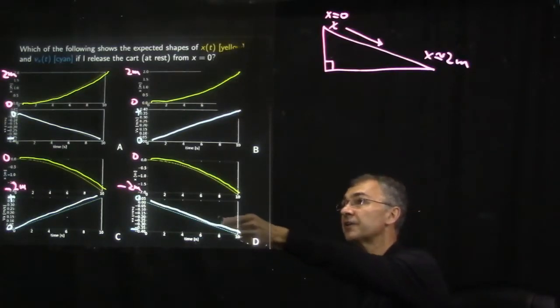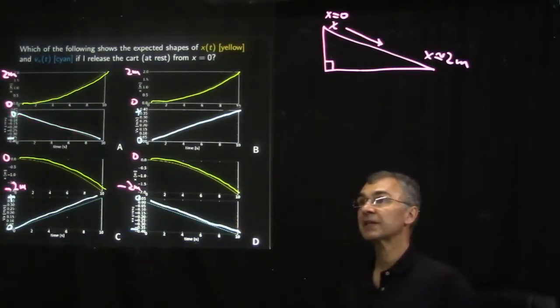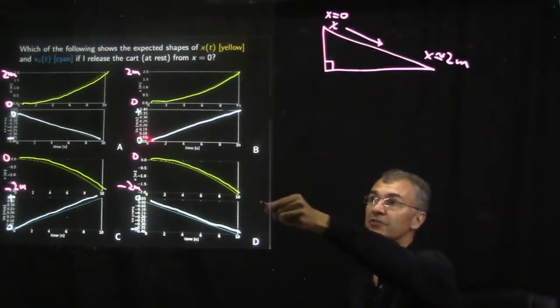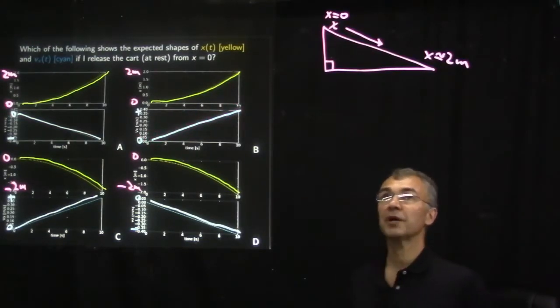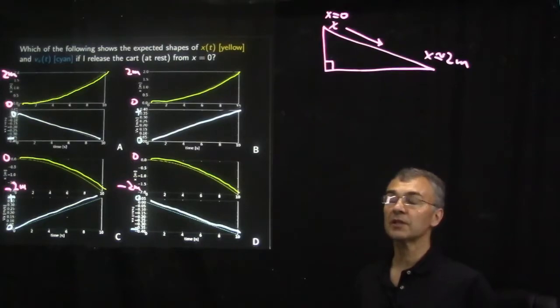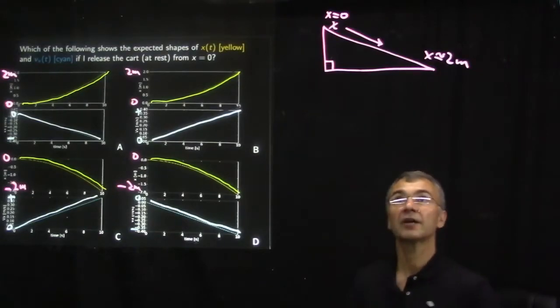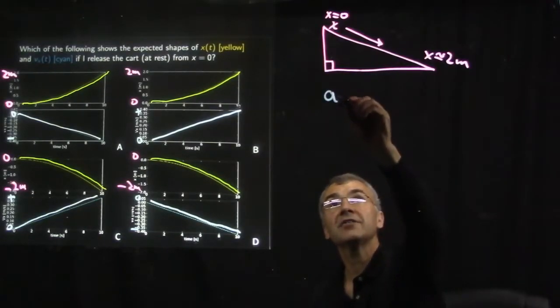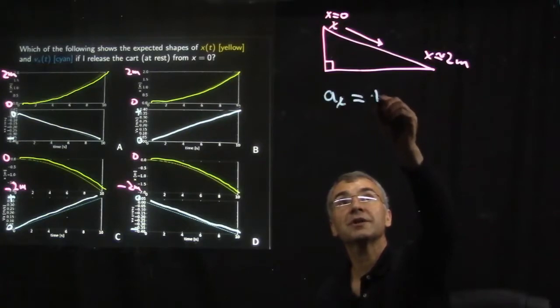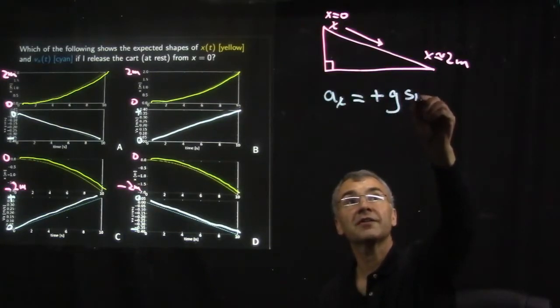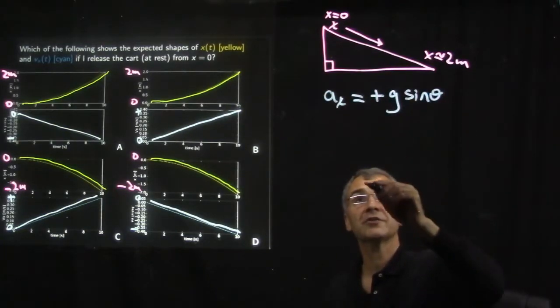So here in A, the velocity starts out at 0 and becomes negative. And in B, the velocity starts out at 0 and becomes positive. Well, we said that the downhill direction is positive x. And we said that a sub x is plus g sine theta, so it should be some small positive number.